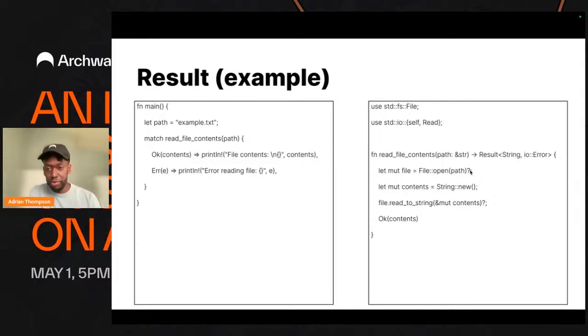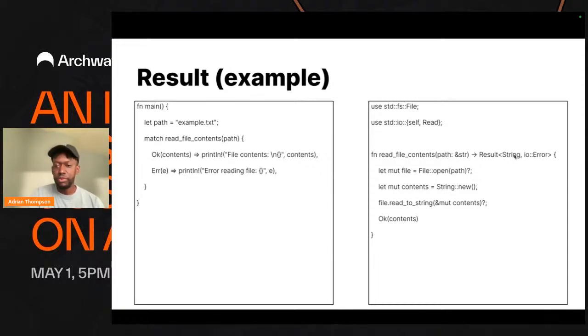One important thing with Rust is that you can use this shorthand notation with the question mark to throw an error if an error occurs. So when this function is called, if it tries to open the file and it's not able to find the file or open the file for whatever reason, and it generates an error, because of this question mark, it will automatically stop execution and return an error.